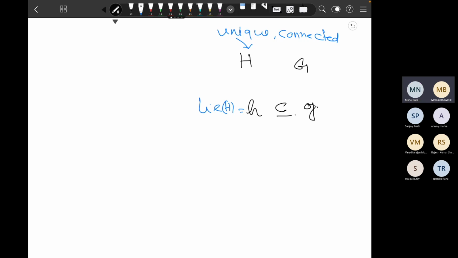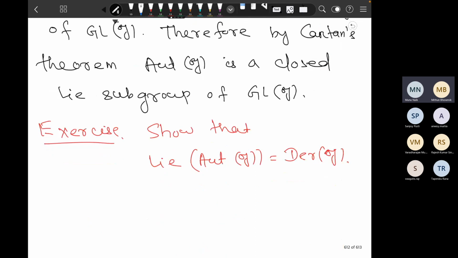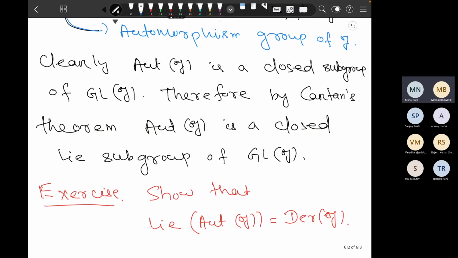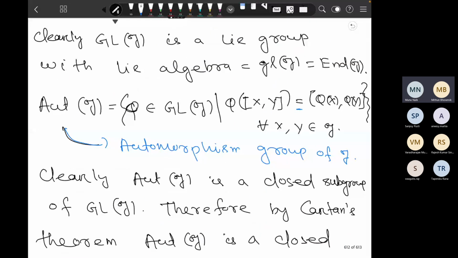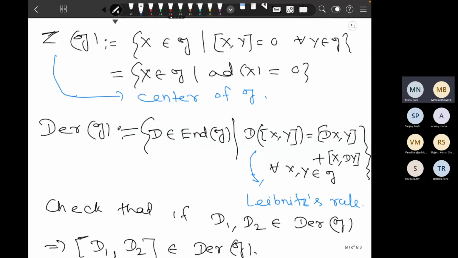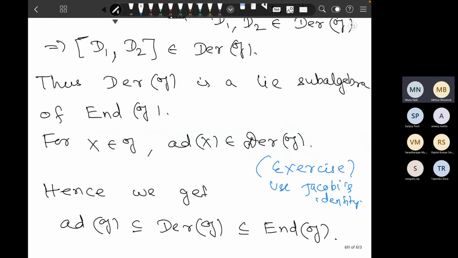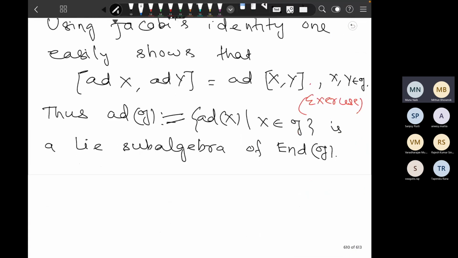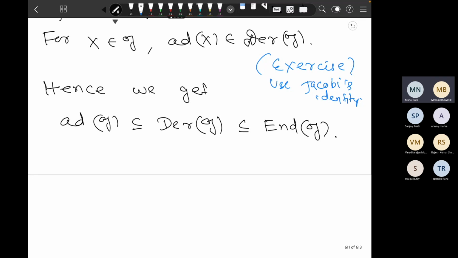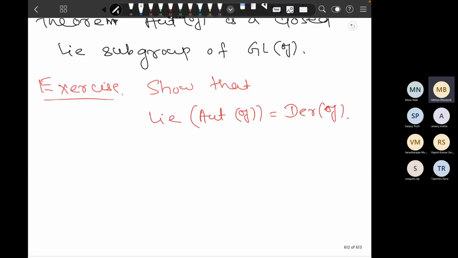Okay, I will apply this thing. And for me, what is G? G is our GL(g), and small g is our gl(g). It is End g. And what is the Lie subalgebra? The Lie subalgebra is ad g. Here, ad g is a Lie subalgebra of End g. So I will apply that fact.